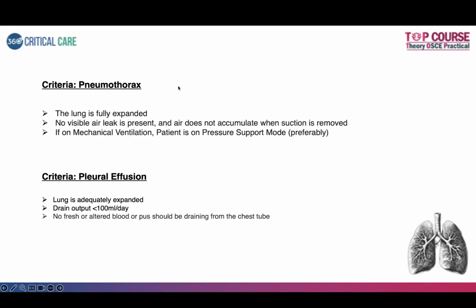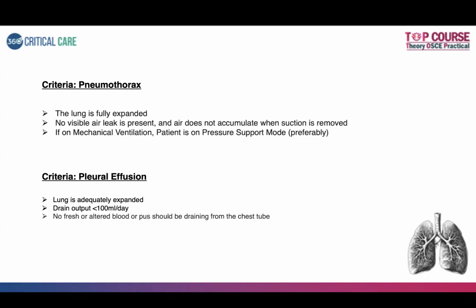For a pneumothorax, the criteria are the lung should be fully expanded, there should not be any visible air leak present, and air should not accumulate when the suction is removed. If the patient is on mechanical ventilation, preferably the patient should be on pressure support mode of ventilation.